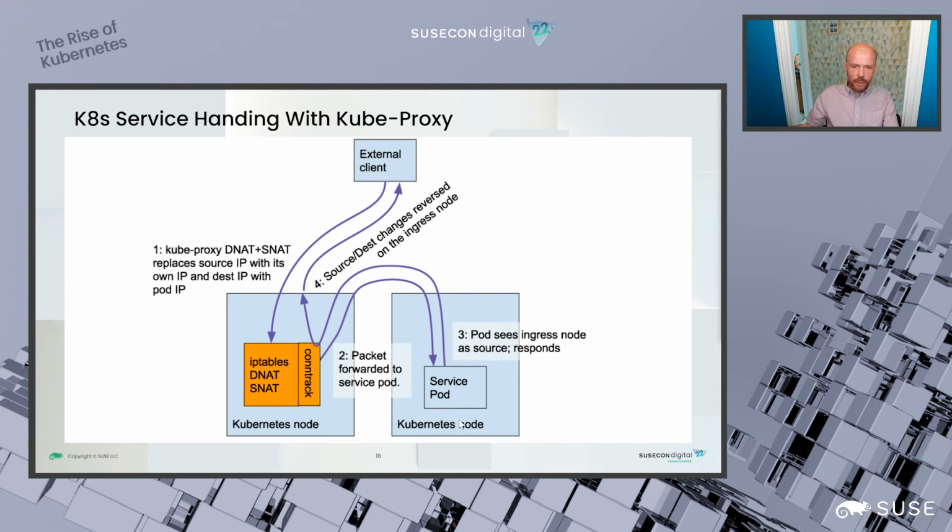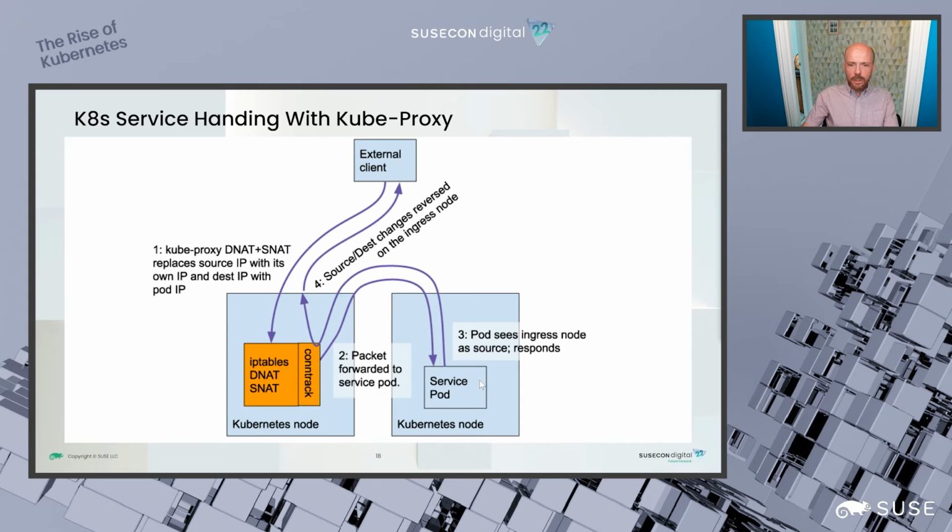And it needs to source NAT the traffic because it's critical that the traffic flows back through this Kubernetes node and back through kubeproxy so that it's able to maintain its conntrack session tables, which is a necessary part of forwarding in kubeproxy. So after it does that, the packet is forwarded onto the service pod, and the pod responds.